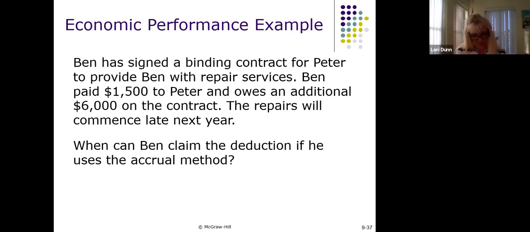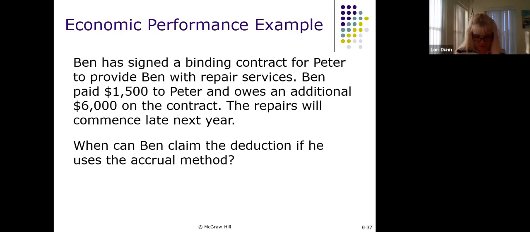If clients are not completely satisfied with Green Acres Landscaping, Rick offers a $200 refund, no questions asked. So there's a refund. Okay, so that is part of our payment liability. Usually we can't deduct refunds until we pay them.